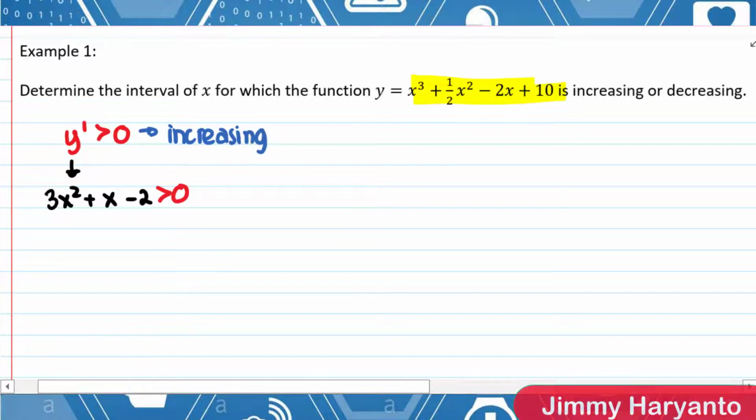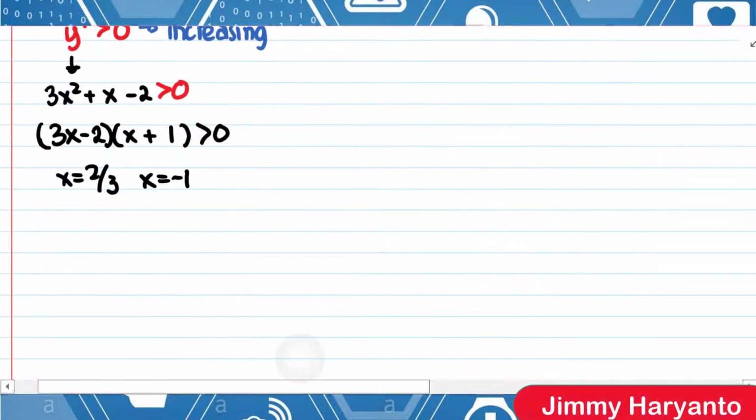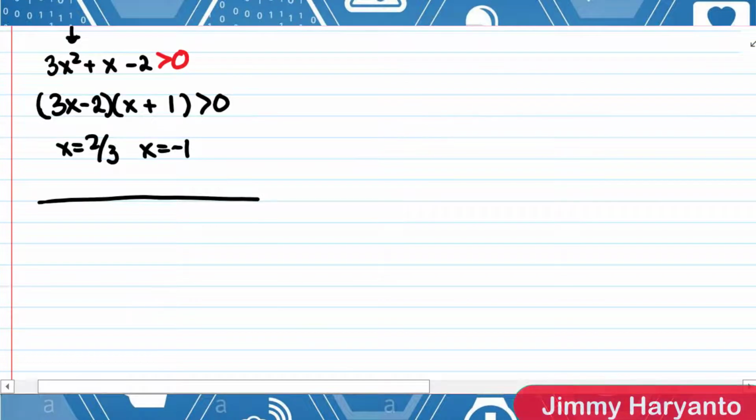Okay, and then after that you can use the inequality method, that is factorization like this. You have to find the roots, meaning the values of x. So x equals 2 over 3, and then x equals negative 1, and then you have to draw the number line. The number line will have negative 1 and then 2 over 3.